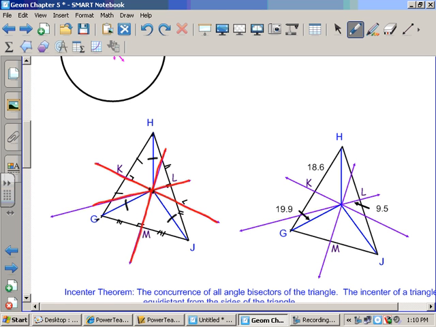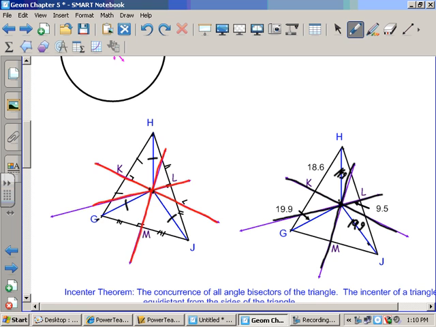So here's my perpendicular bisectors. Okay, so that's my circumcenter. The distance from here to here has got to be the same all the way around. So if this one's 19.9, that means this one's 19.9, and this one's 19.9.